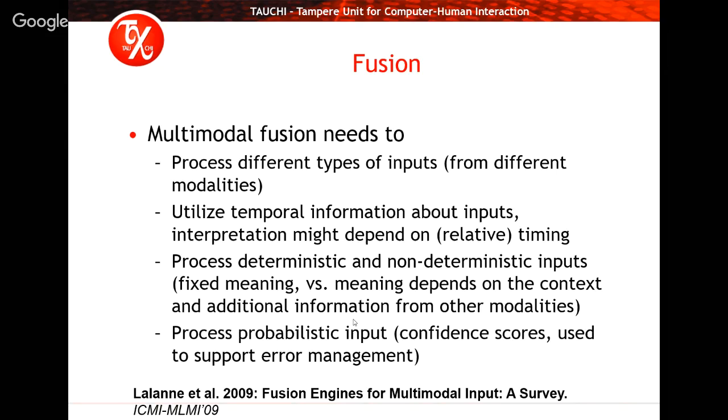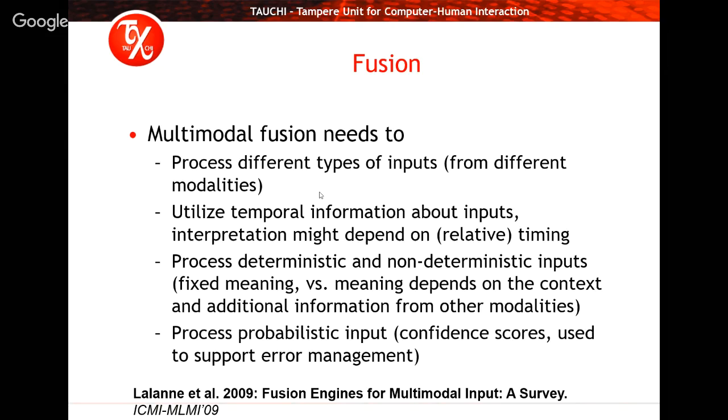Then it must use some sort of time-related information. If we think about this "put that there" example, we might look at the exact moments when the user said "that" and when the user said "there", and based on those times, we select where the user was pointing at those exact moments.